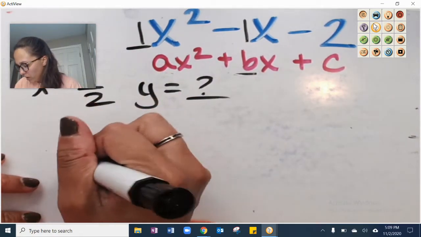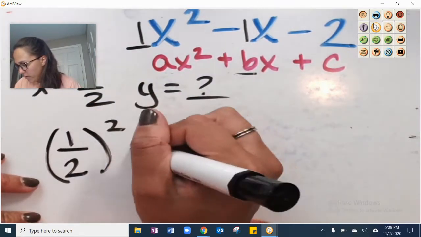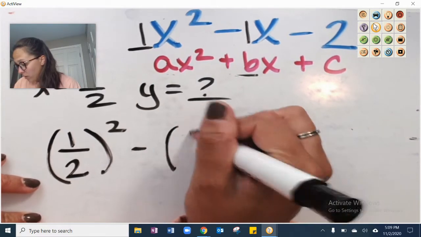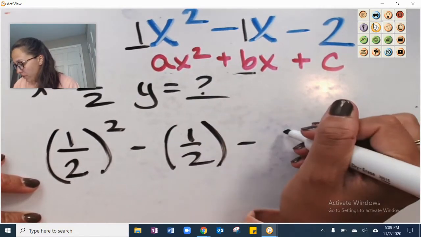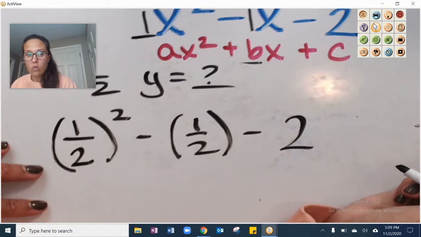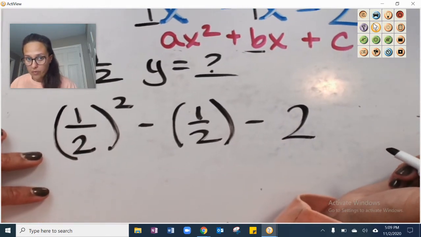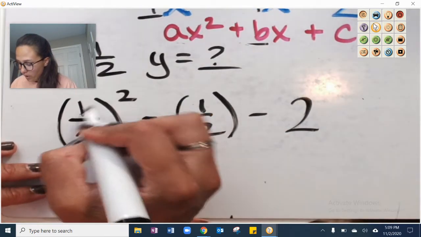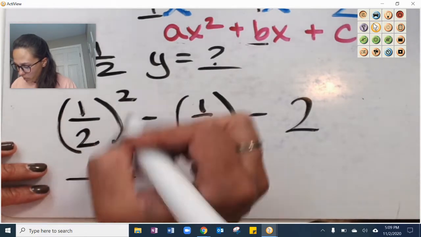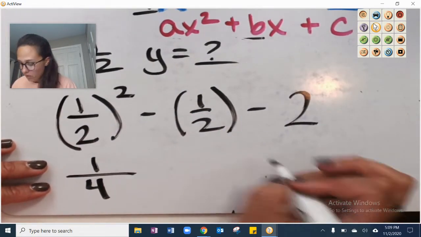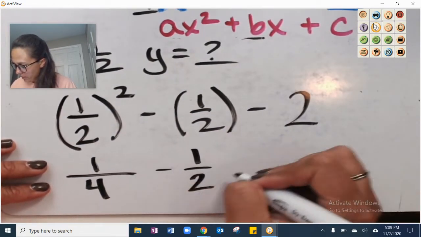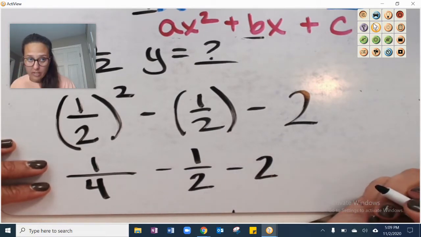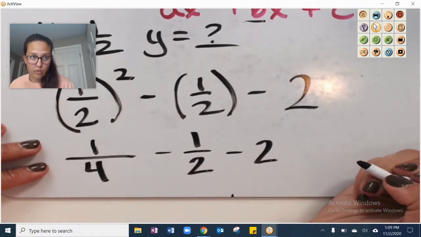We put it into 1/2 quantity squared minus 1/2 minus 2. It's totally fine if you want to work with decimals. So I know that 1 squared is 1 and 2 squared is 4, minus 1/2 minus 2.